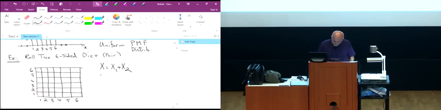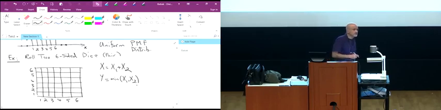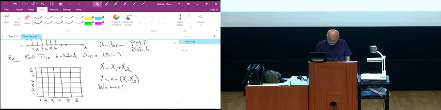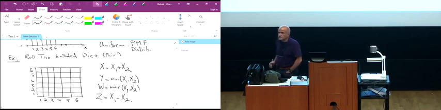I can also define another random variable, call it y, that's the minimum of the two rolls. I can make it the maximum of the two rolls. I can even take it as the difference of the first roll and the second roll. The sky is the limit.